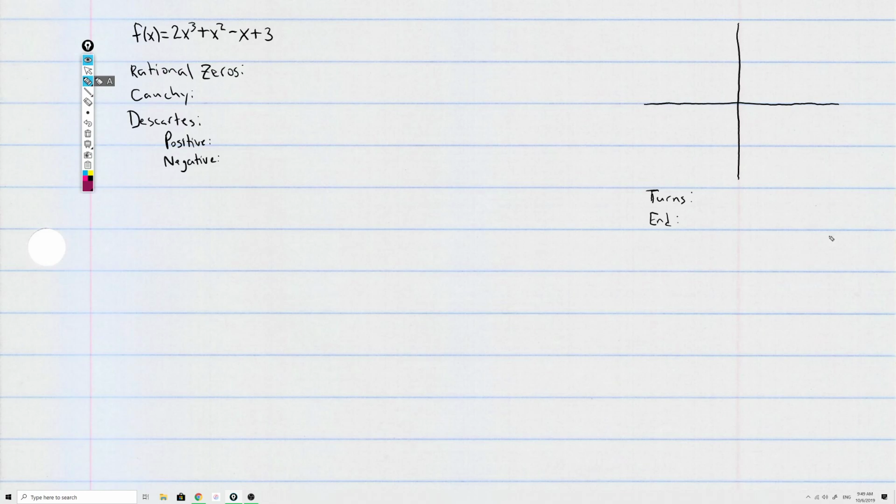So over here where we're thinking about the graph, since that's a third degree polynomial, I know that it can have at most 2 turning points, so that tells me something about the graph.